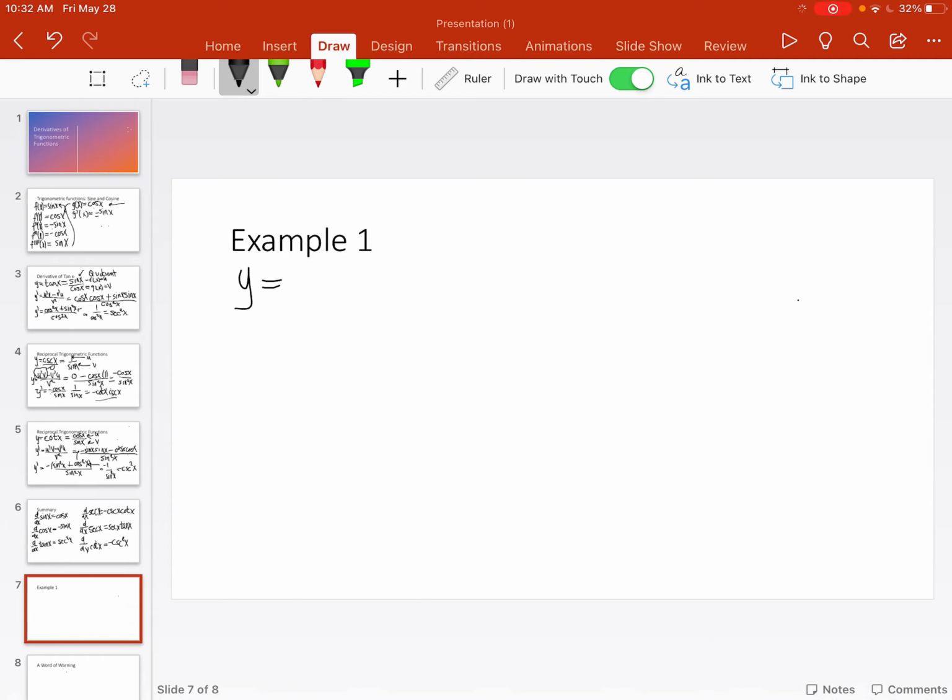So let's do an example: y is equal to sine x times cosine x. What do we need to do here? We need to use the product rule.